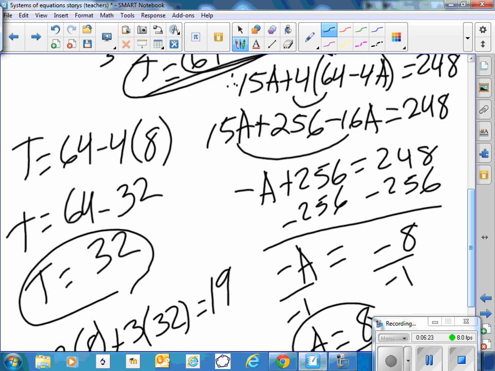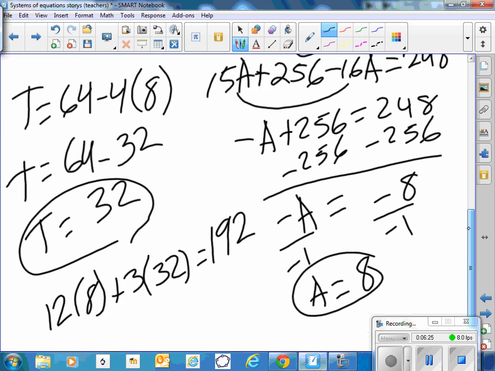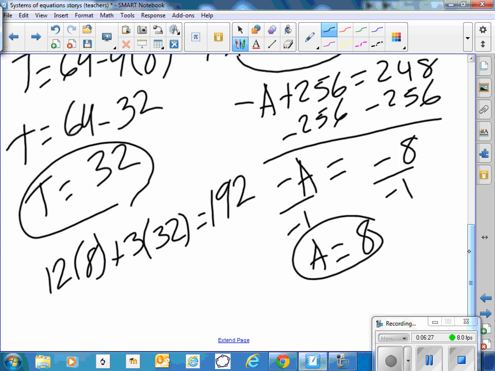That's a question right now, but we'll check it out and see. 12 times 8 is 96 plus 96. Is that 192? Yes, that is 192. 6 plus 6 is 12. 90 plus 90 is 180. Very good. And we can check it in the other equation.